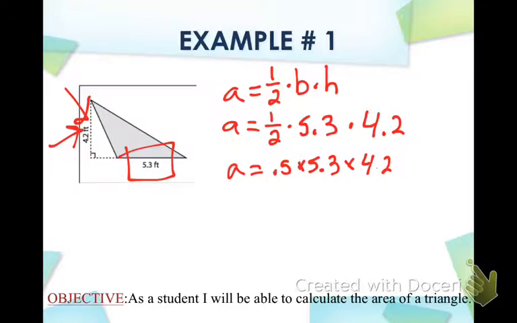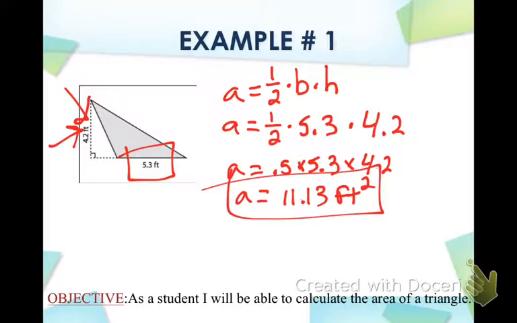So I'm going to go ahead and plug that into my calculator, and I'm going to get 11.13, but remember, this is area, so I need my label and I need my squared, so it's 11.13 feet squared. So area equals 11.13 feet squared. That's it. Those are your 4 points. Let's move on.